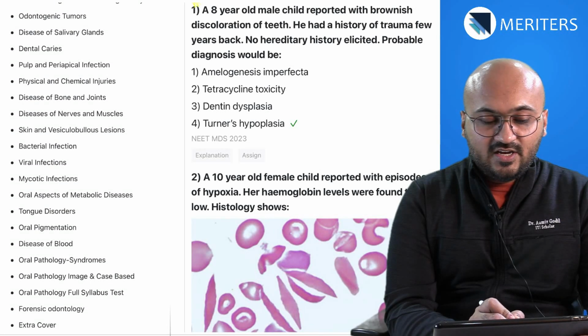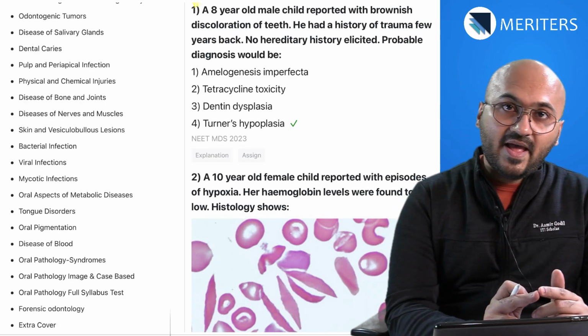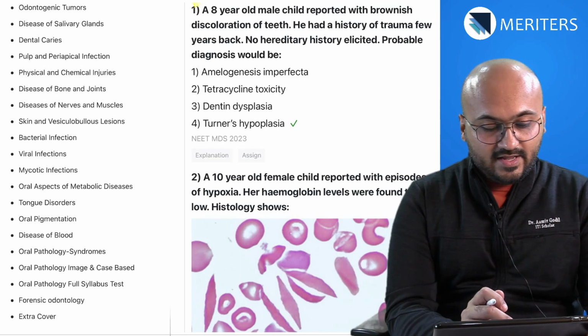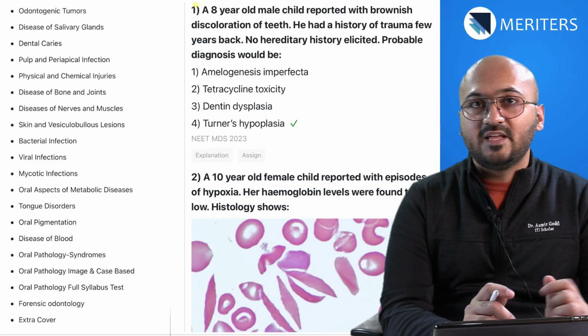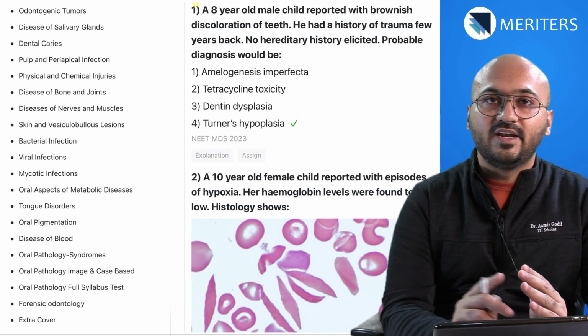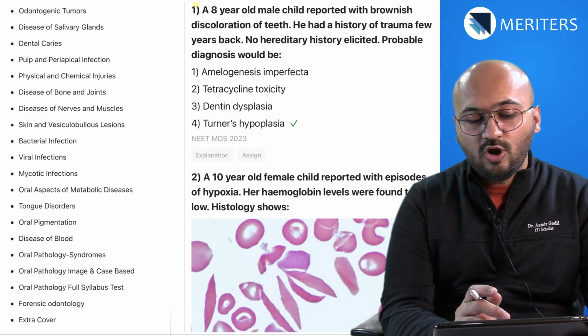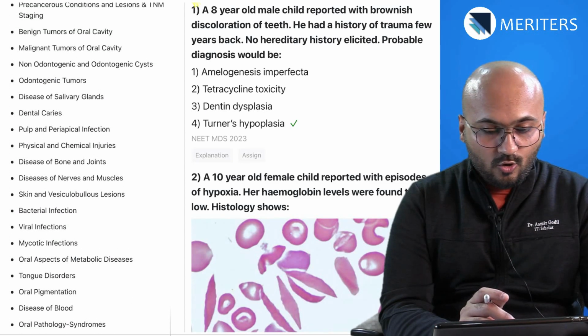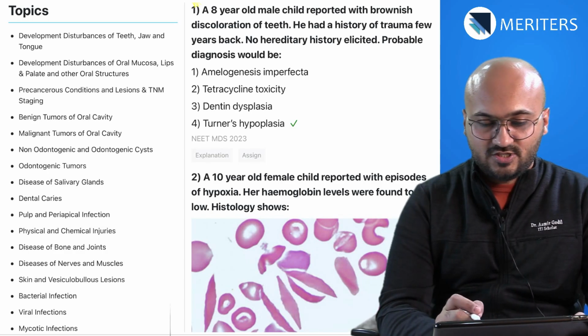Then physical, chemical injuries and all the systemic problems you have to correlate with patho and medicine. Then diseases that include infections like bacterial, viral, fungal, you have to correlate with microbiology and also the syndromes. So there is a whole lot of parallel topics in oral path. Now let's start assigning these questions one by one and see what's important.